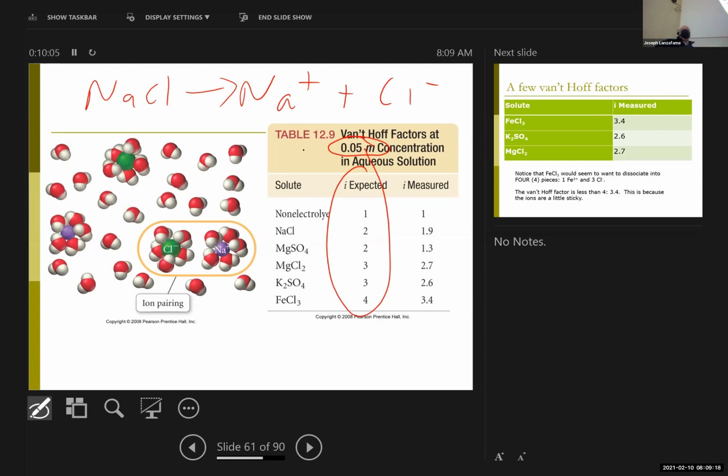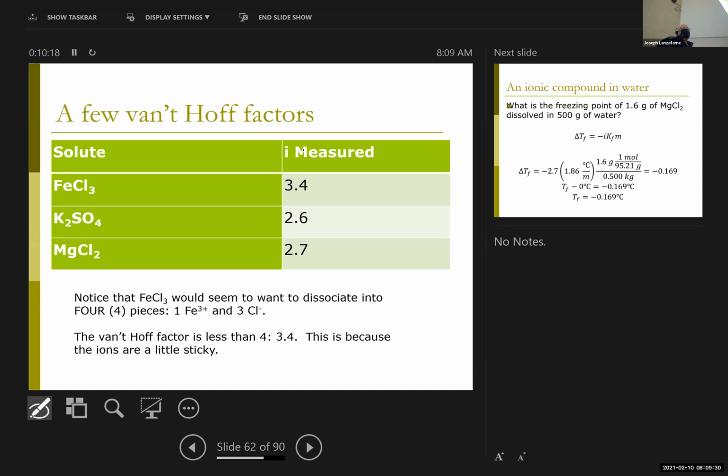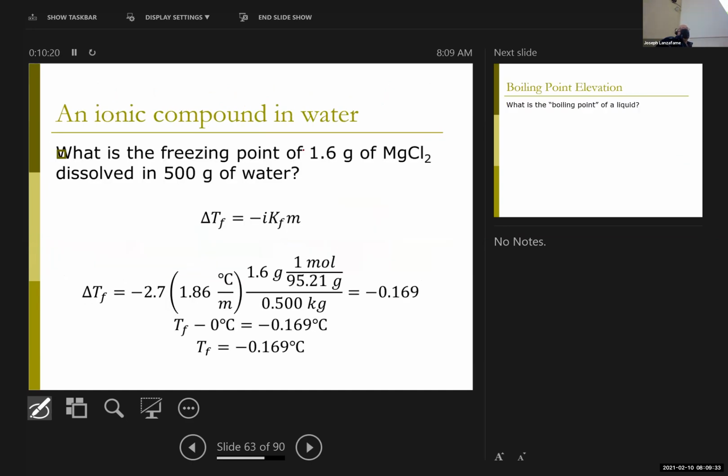But it does increase the effectiveness of an ionic compound as a suppressor of the freezing point or an increaser of the boiling point, because I do get more pieces per molecule. And so if I use magnesium chloride in water, it should change the freezing point. How much? Well, more than just the molality of magnesium chloride would suggest, because magnesium chloride is an ionic compound.